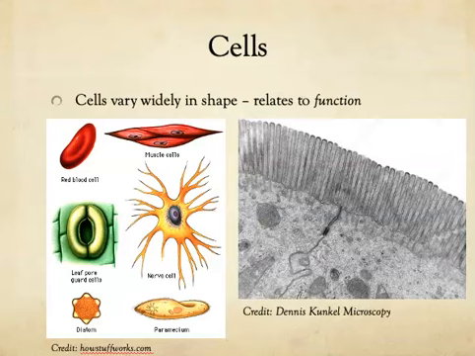If you look at the picture on the left-hand side of the slide, what you're looking at are drawings of a number of different cells. You can see a red blood cell up here on the upper left. Next to that, there are 3 muscle fibers drawn together. There's a neuron. There's a paramecium, a single-celled eukaryotic organism down at the bottom.